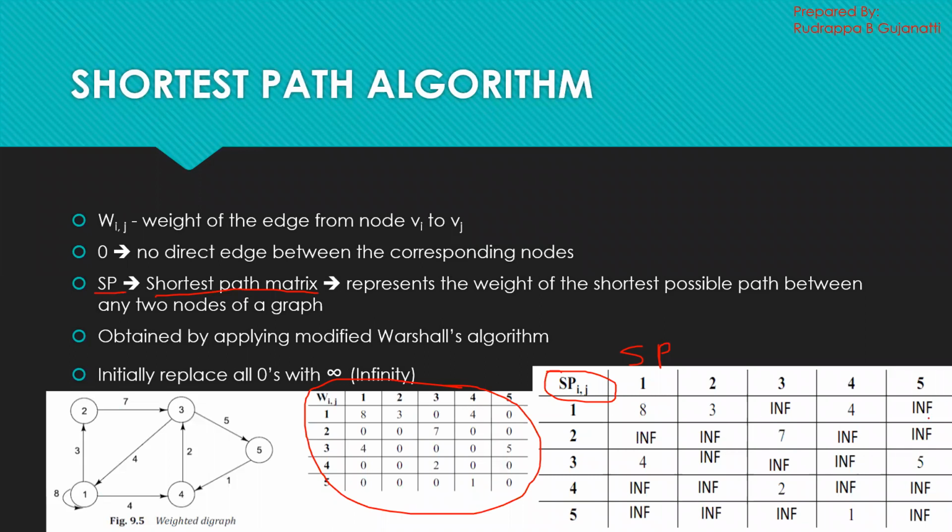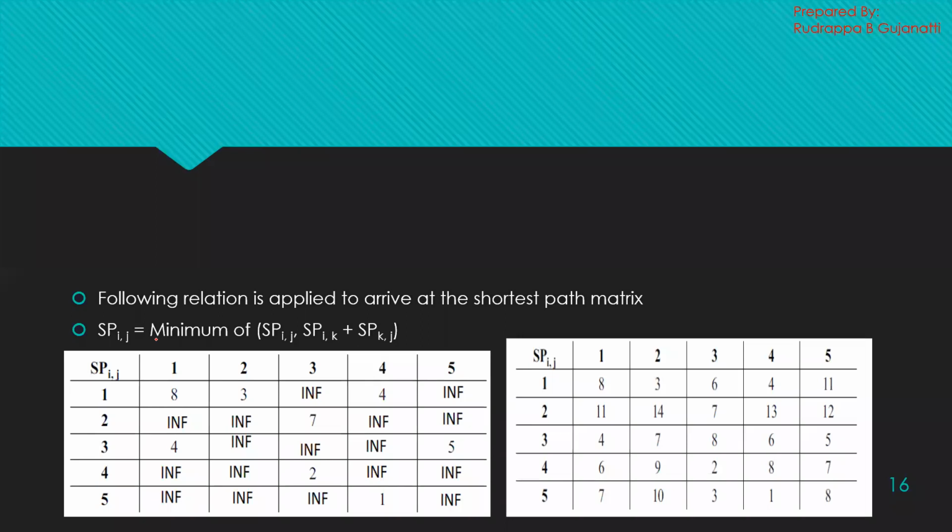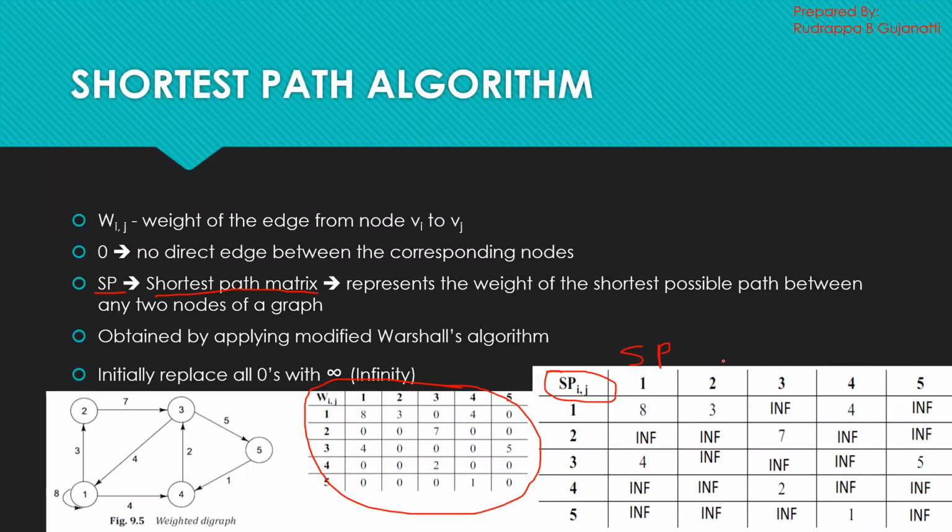That information will be updated here. In the next slide, we'll discuss this. What is represented now is actually the initial step. But what does SP give you once it is updated? It gives us the information about the minimum or shortest path to go from node 1 to node 1, node 1 to node 3, and so on until all the nodes are done.